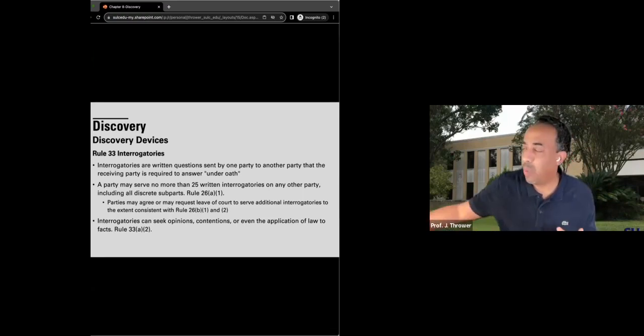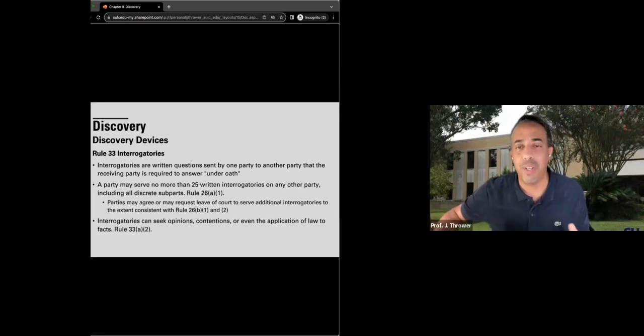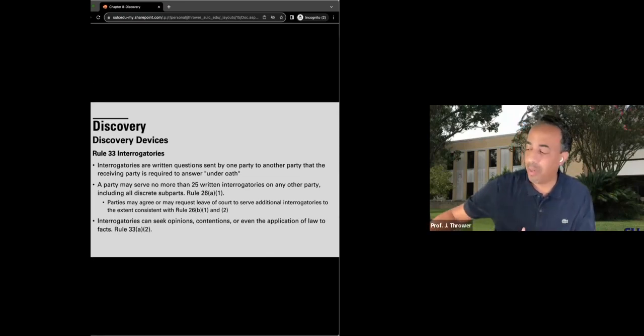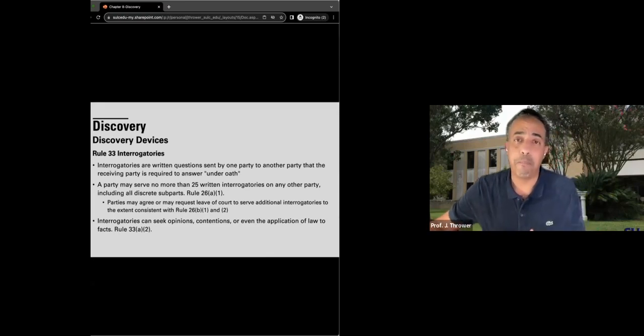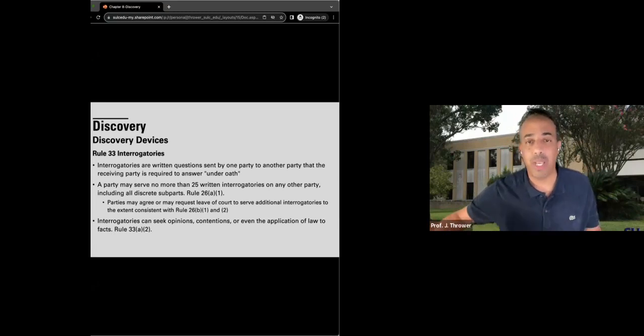And these questions can again focus on various matters as it relates to the discovery or the overall matter at hand, or the overall case at hand.